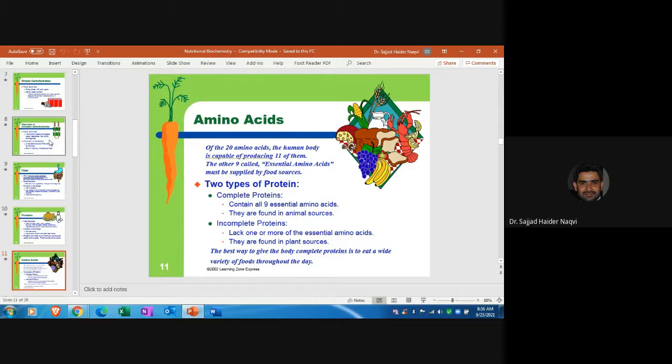That's why the proteins from animals are called first quality proteins, and the proteins coming from plant sources are called second quality proteins. So the best way to give the body a complete set of proteins is to have a blend of food, as I said again, having both meat products and vegetables to give an adequate balance of the amino acids.